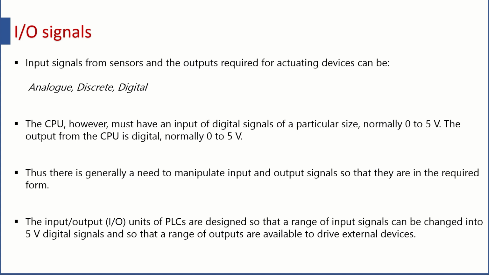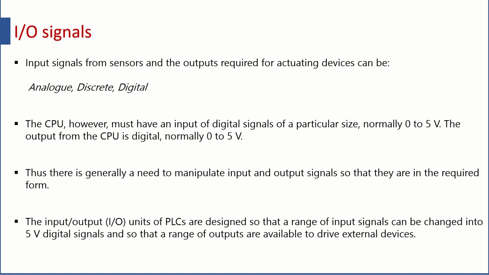Again, the output from the CPU is digital, which is 0 to 5 volt. So whatever your signals are on the input side or whatever your signal requirement is at the output side, the CPU will be generating or accepting the signals within this range only.